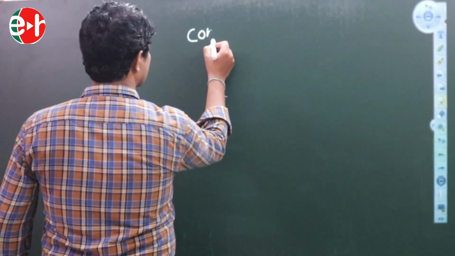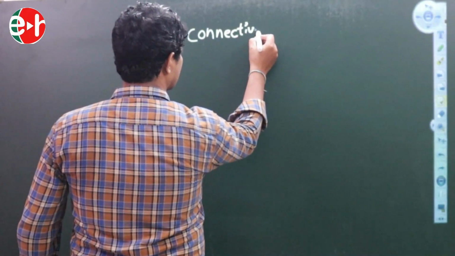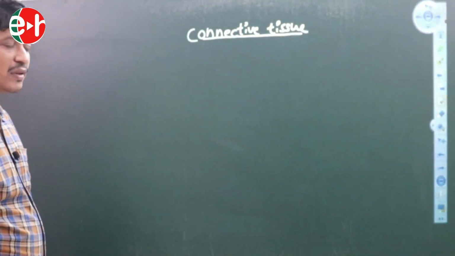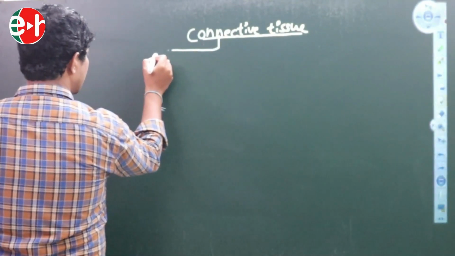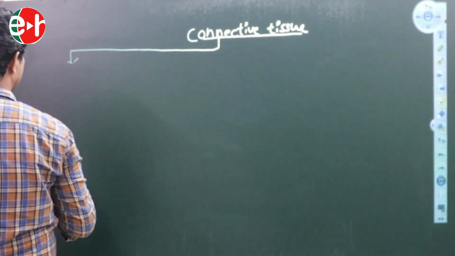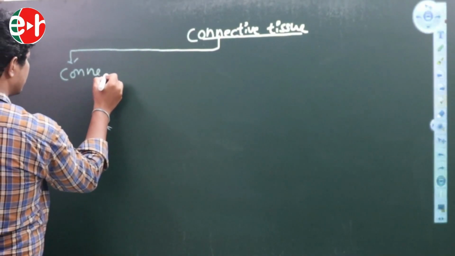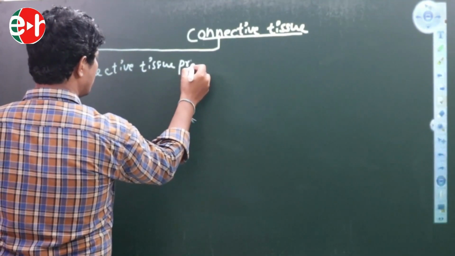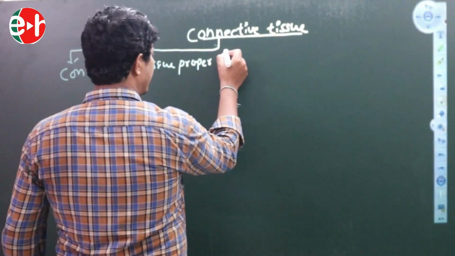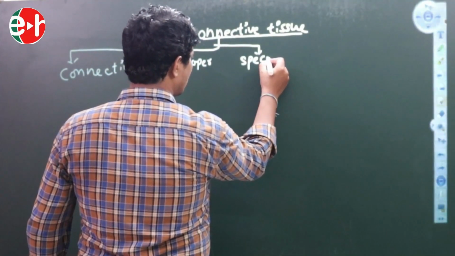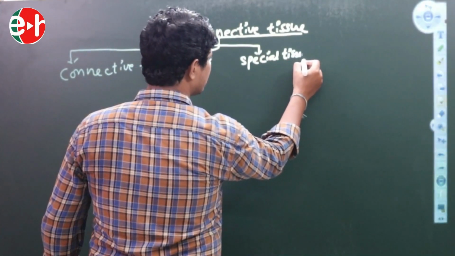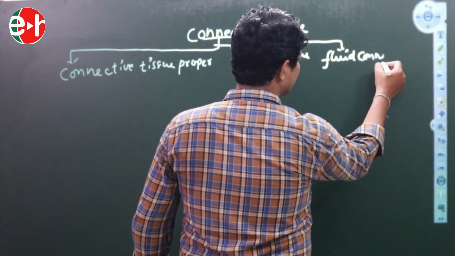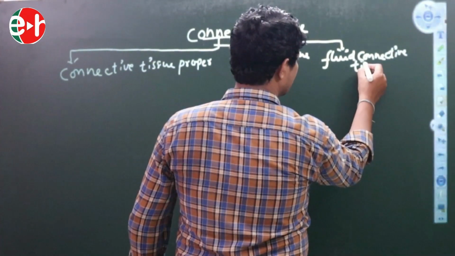Now the types of connective tissue. The connective tissue consists of connective tissue proper, and special connective tissue, and the third one is fluid connective tissue.